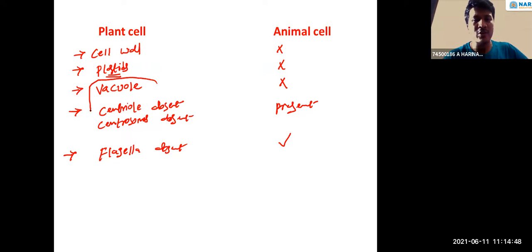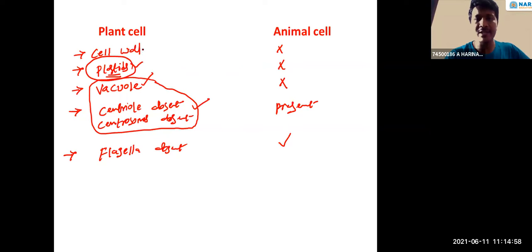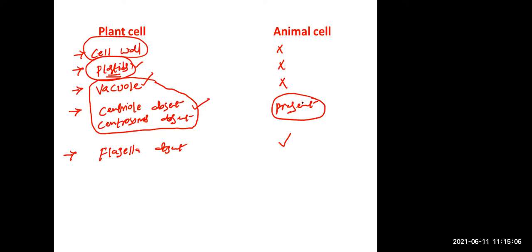The large central vacuole occupies 90% of the space in a living plant cell, right? Vacuole, centriole and plastid are present here. Cell wall is common. But the animal cell consists of centrioles and flagella. This is all about it, right?